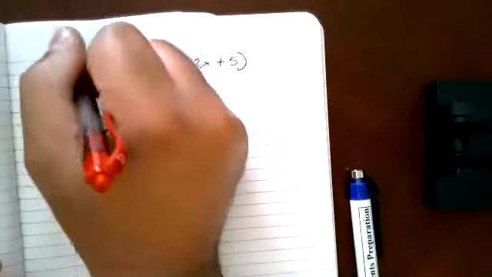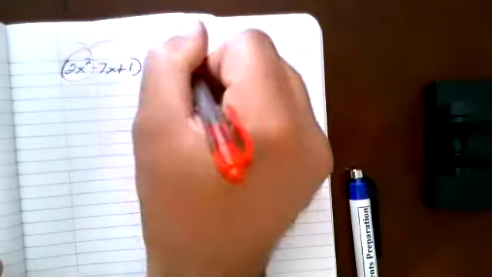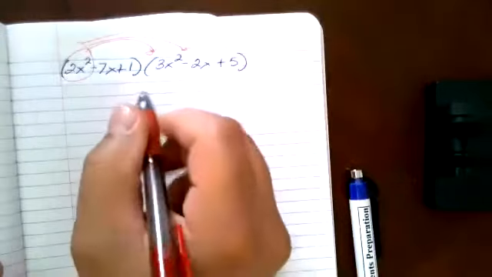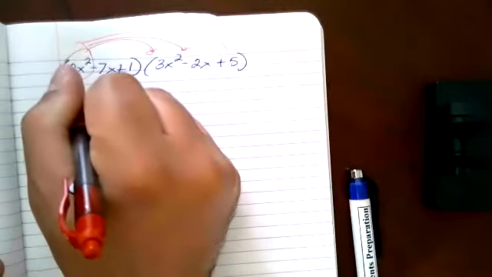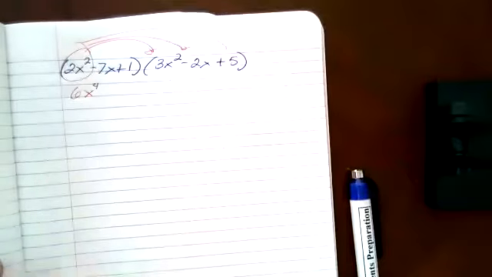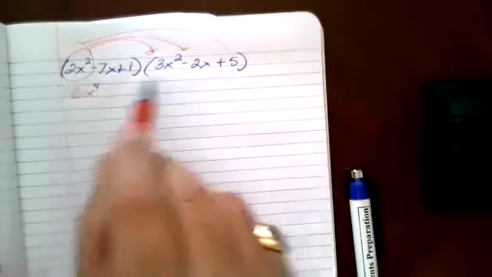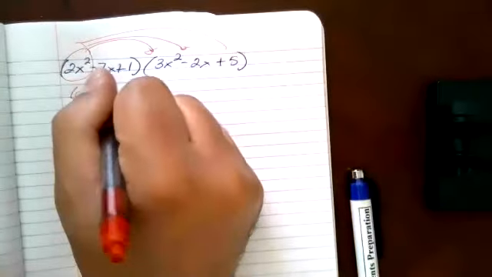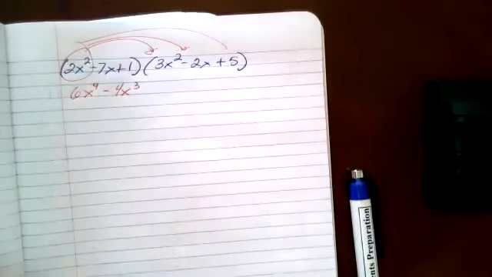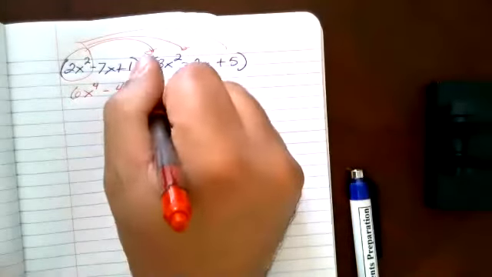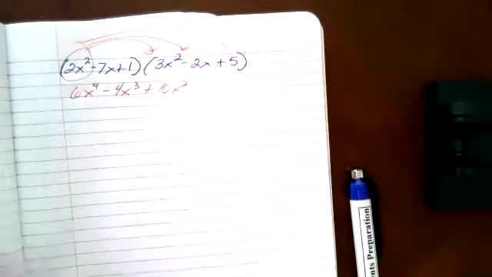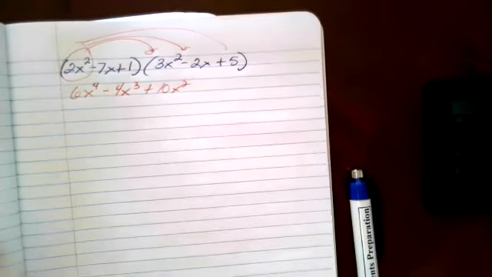What we could do when we distribute, I have 2x squared times 3x squared. That gives me 6x to the 4th. And 2x times a -2x is a -4x cubed. 2 times 5, this gives me 10x squared. So I multiplied my first term.